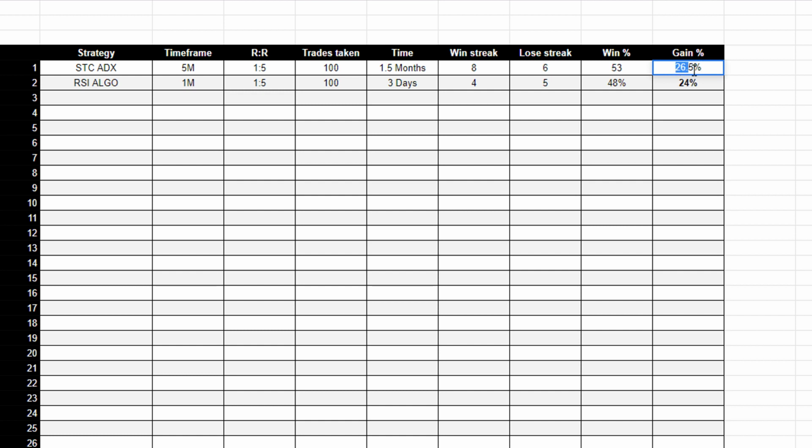If you play with leverage or a big portfolio, you can grind some nice profits in here. Best win streak is 8, lose streak is 6. So if you start, there is a chance that you have a losing streak of 6.